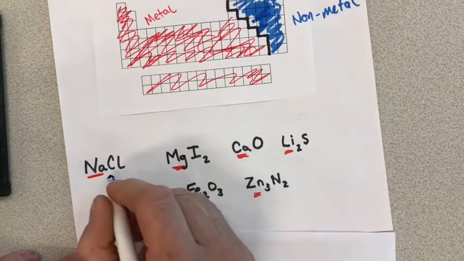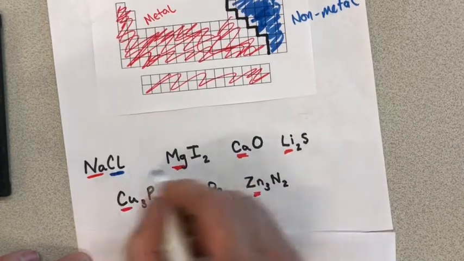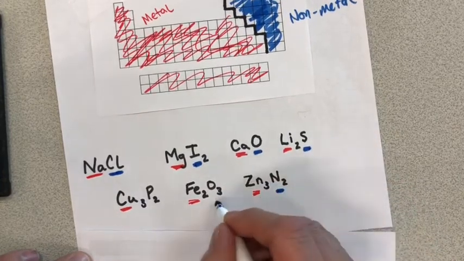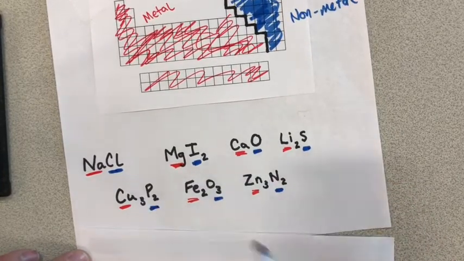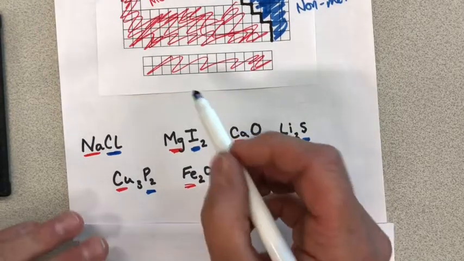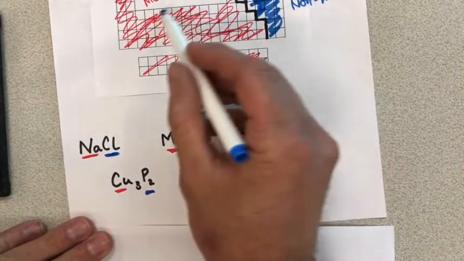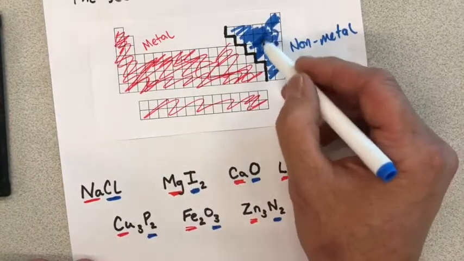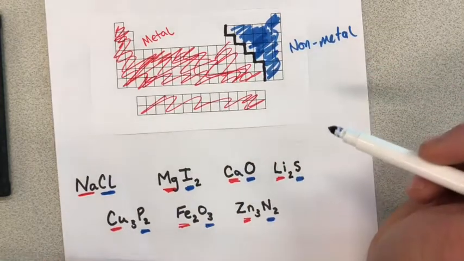And then the other part is the non-metal. Chlorine, iodine, oxygen, sulfur, nitrogen, oxygen, and phosphorus. Those are the non-metal parts. So when you see a formula made from something from over here, which is most of the periodic table, and then the other symbol comes from this neighborhood, that is an ionic compound.